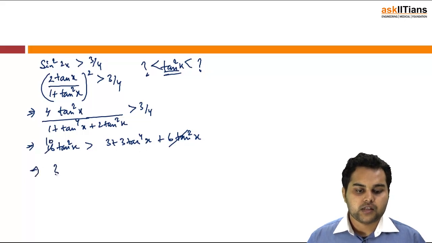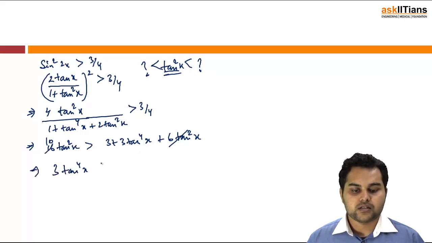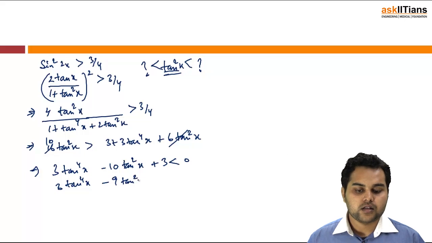And solved further, that would give me 3 tan power 4x minus 10 tan square x plus 3 less than 0. This would be factorized to 3 tan power 4x minus 9 tan square x minus tan square x plus 3 less than 0.